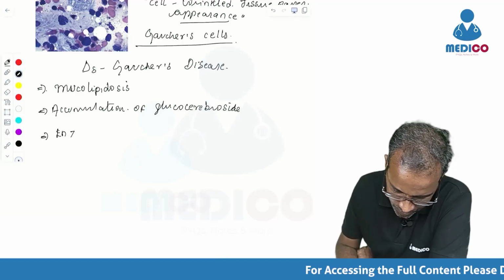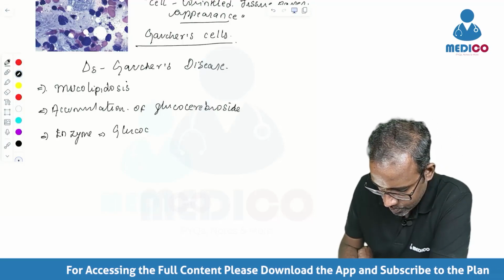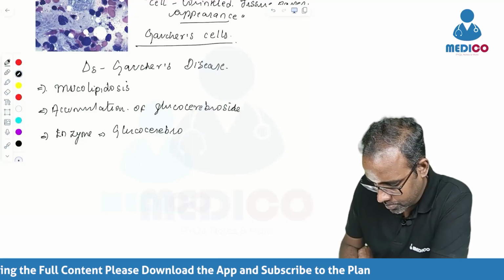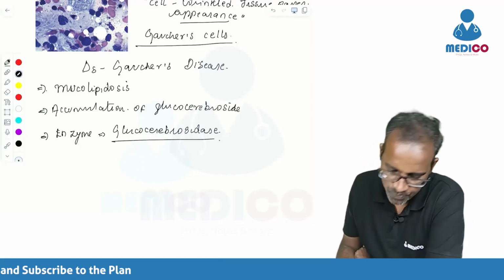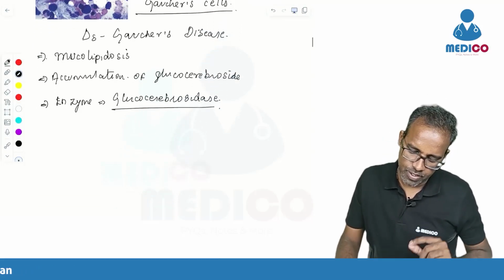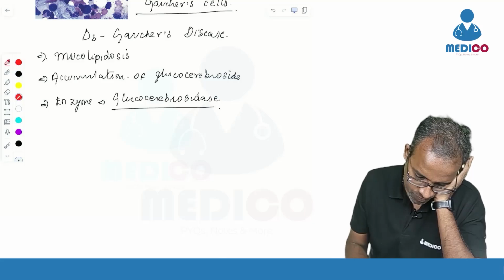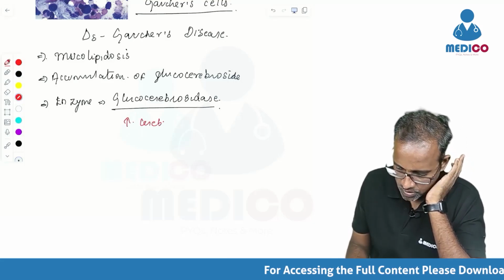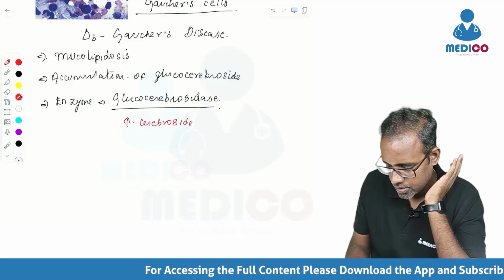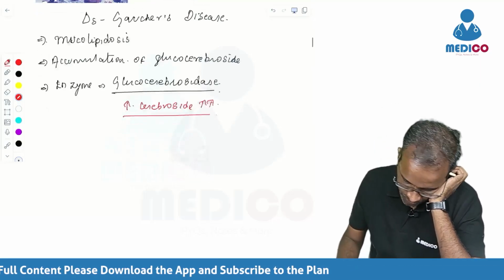The enzyme defect is in glucocerebrosidase, the enzyme responsible for degrading the glucocerebrosides. So this enzyme is defective. What happens? Cerebrosides, especially the glucocerebrosides, will accumulate, leading to a sphingolipid storage disorder or mucolipidosis.